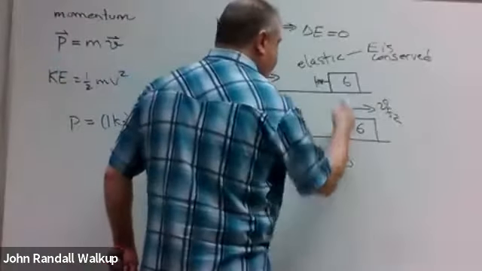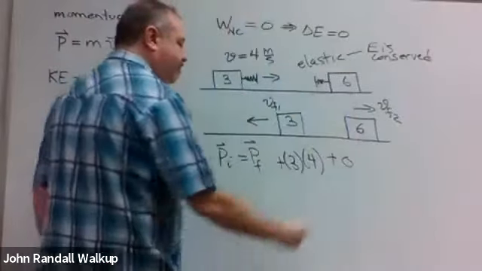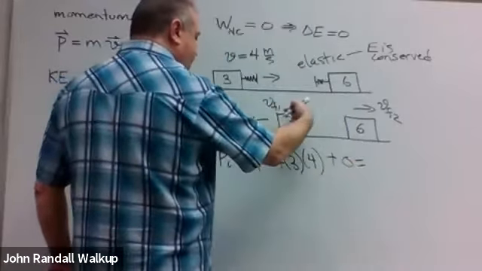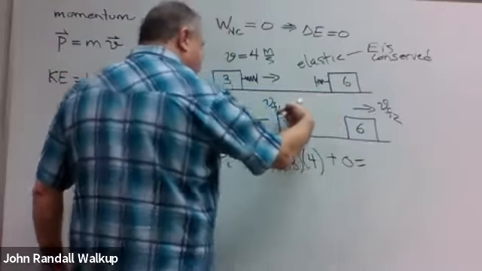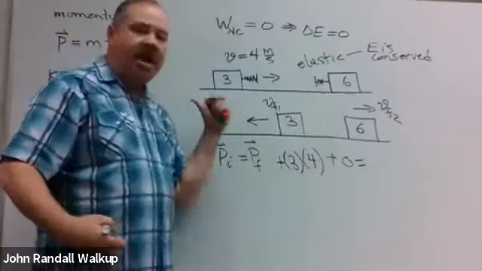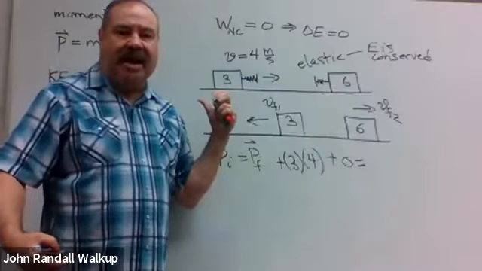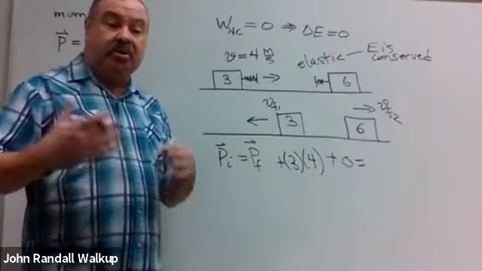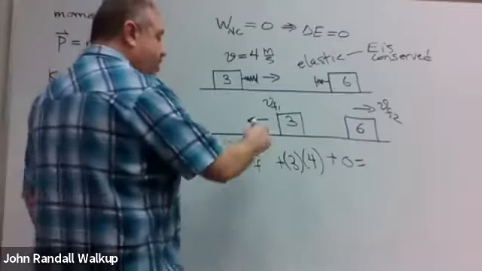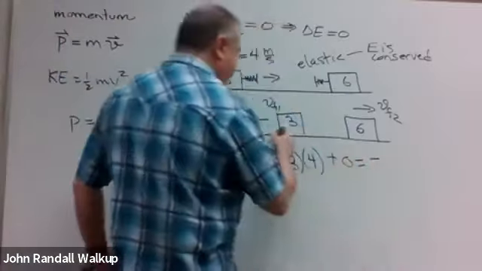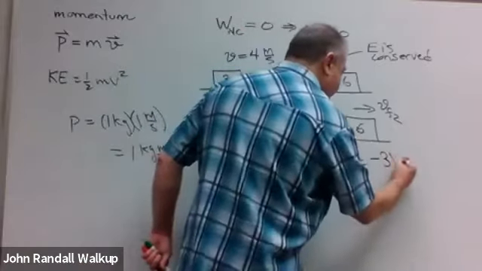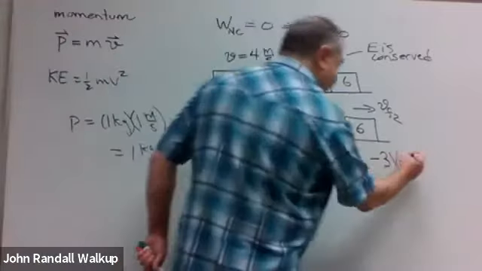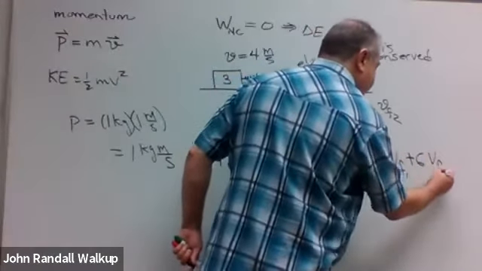Plus 0, this one doesn't have any momentum, is equal to, and I'm going to guess that this 3 kilogram one here is going to bounce in this direction. If I make a mistake in that, I'll get a negative sign, which tells me that I drew the thing in the wrong direction. So this would be negative 3 times v final 1, plus 6 times v final 2.